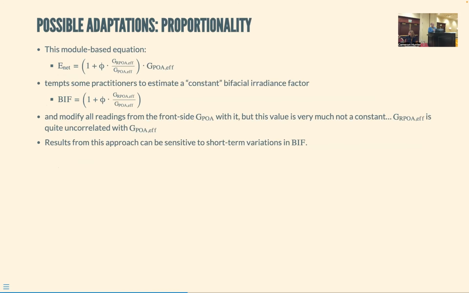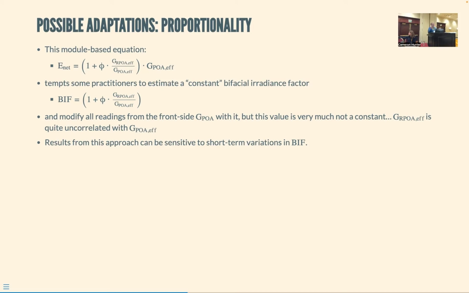Another possible thought that has been raised is, look, if the sun is bright, the rear side is going to be bright. If the sun is dim, the rear side is going to be dim. That's often justified by looking at this equation, which was presented before, and just calling this first term the bifacial irradiance factor, and then forgetting that the bifacial irradiance factor changes throughout the day.